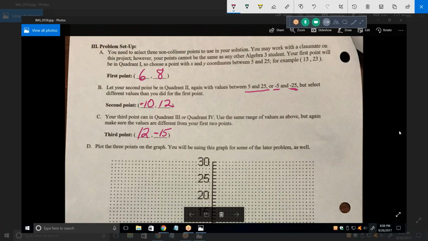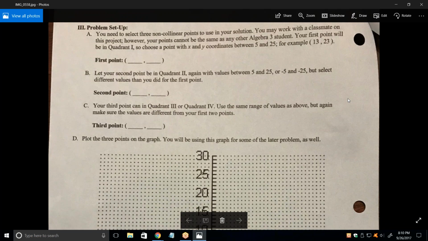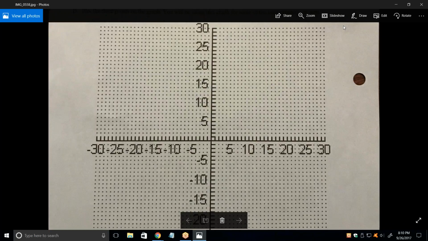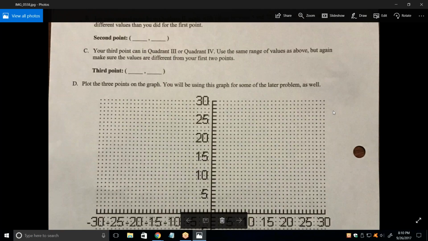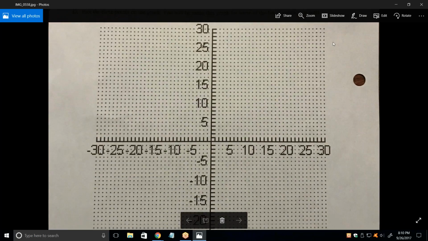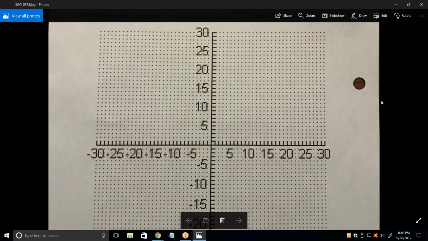Now plot these, and we'll be using this graph for a later problem as well. It moves into the next page too. First of all, let's plot it. 6 and 8, I remember that.